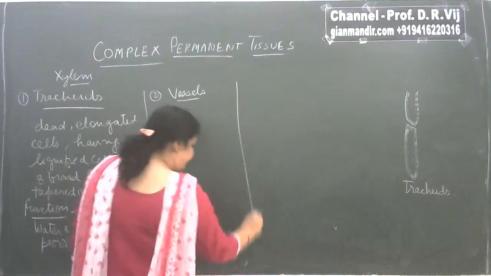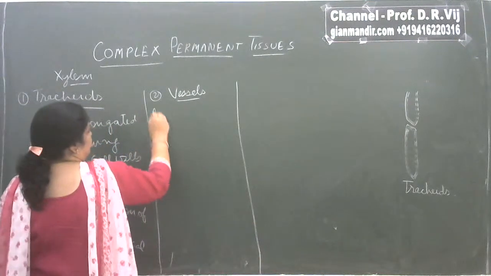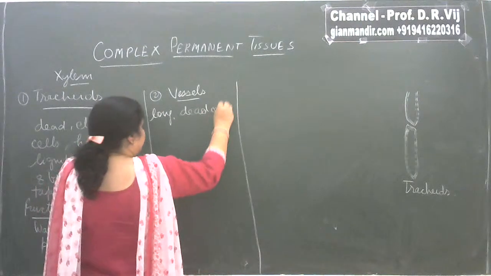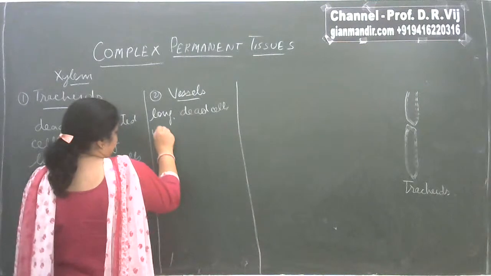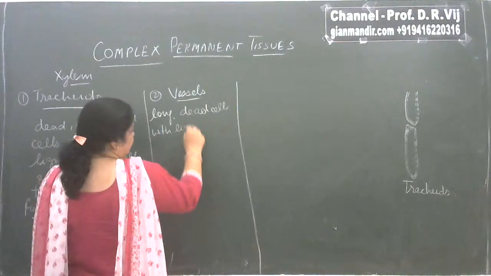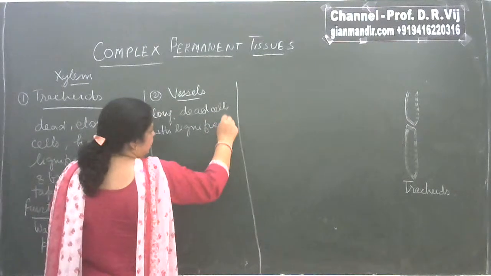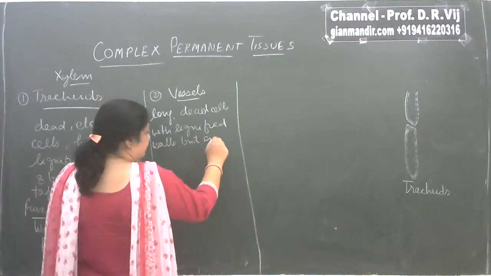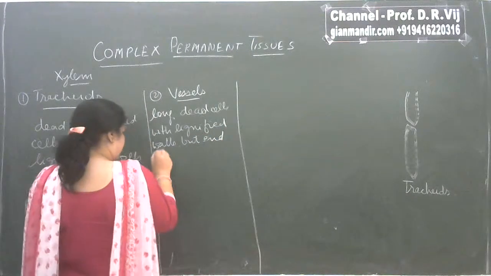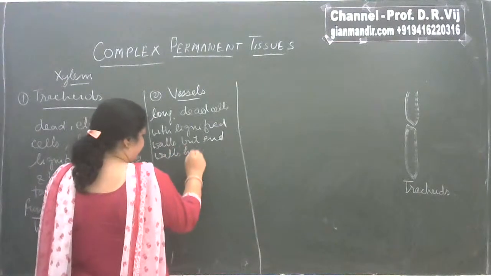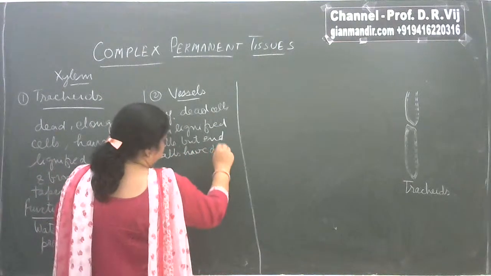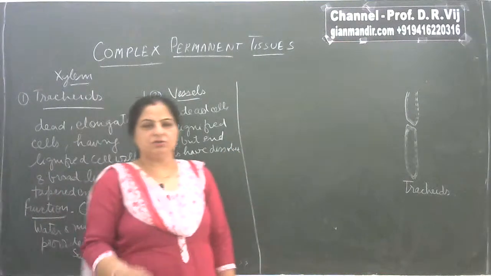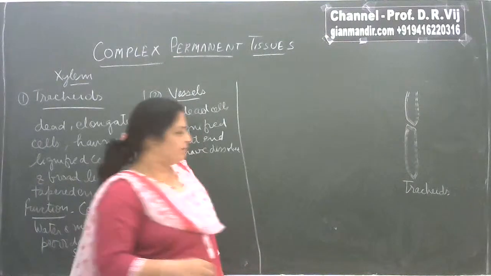If you look at the vessels, these are also, you can say, long dead cells with lignified walls, but the end walls have dissolved, so that they result in the formation of a continuous long tubular structure.